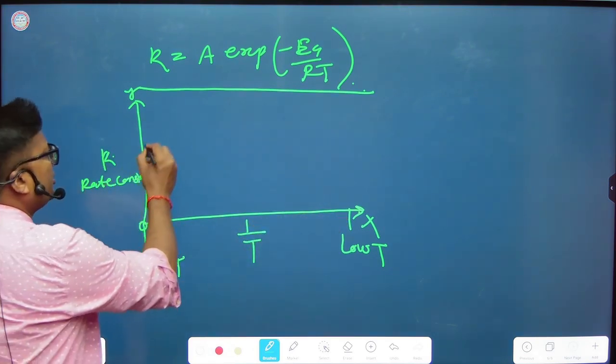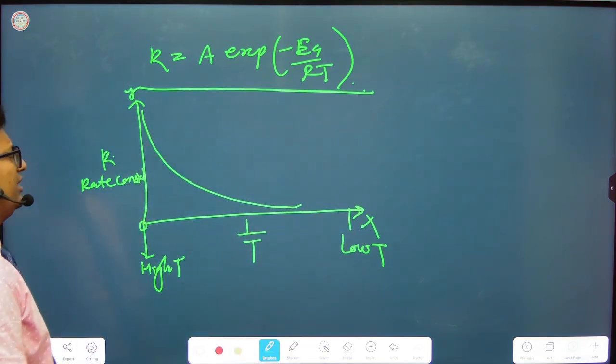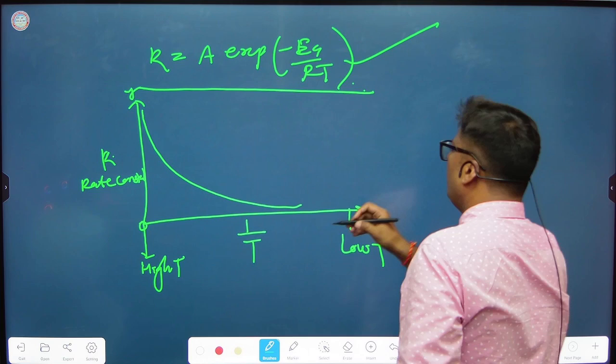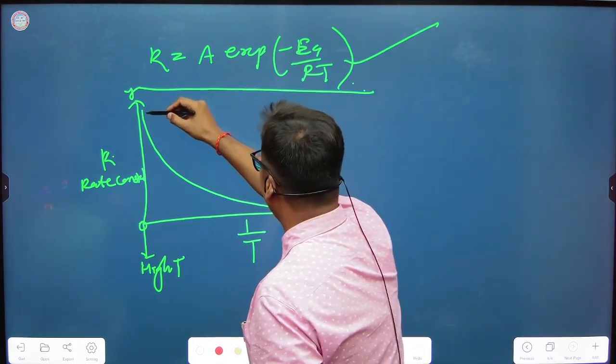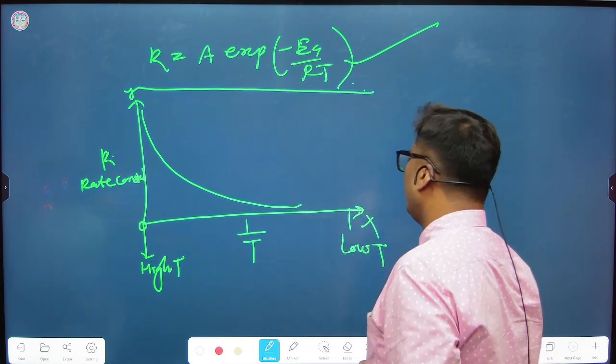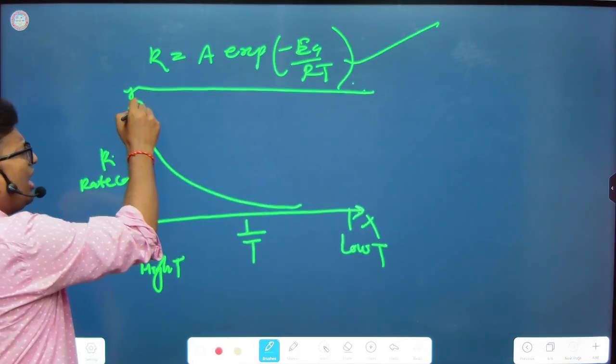Now this rate constant decreases exponentially. The graph of this Arrhenius equation looks like that. The rate constant decreases exponentially with 1 by T, right? It means at high temperature, the rate constant is large.